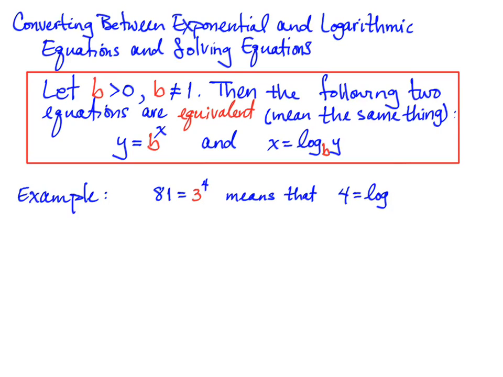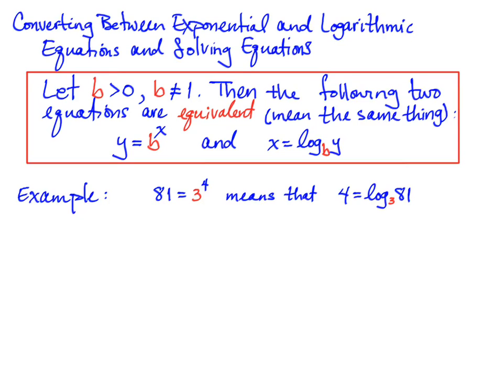So 4 is equal to the logarithm base, and then we look back at the exponential equation and the base is 3. So it's 4 is the logarithm base 3 of the number 81. So 4 is the number we have to raise 3 to get the number 81.